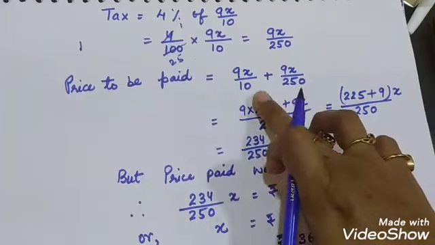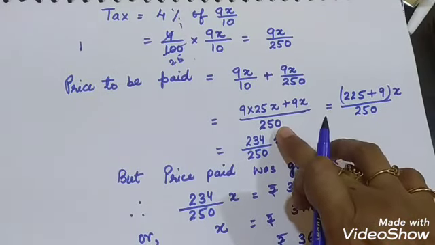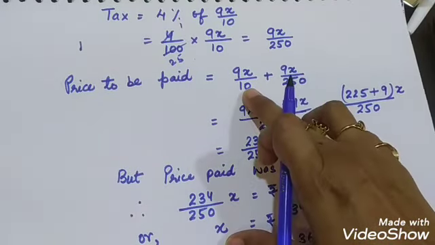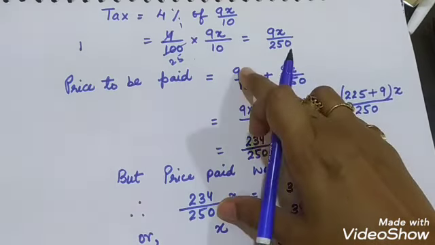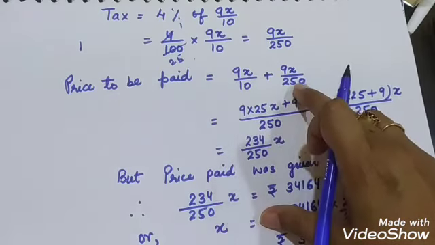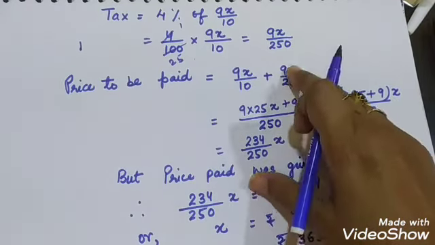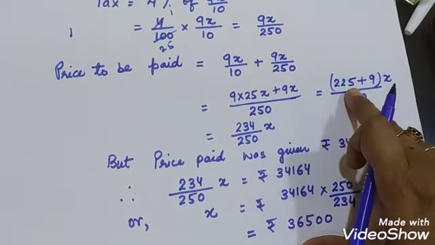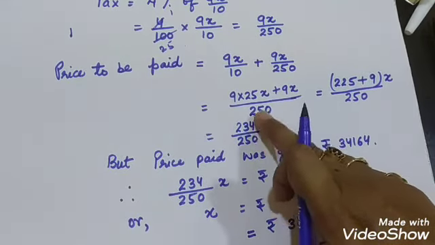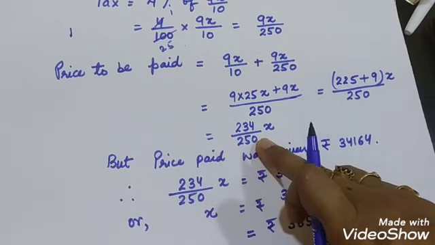When you add these two, you will take the LCM of 10 and 250, which will be 250. Here 10 is there, so 10 25s are 250, so you will multiply its numerator by 25, and 250 ones are 250, so you will multiply its numerator by 1, which on multiplication further will give 225x plus 9x, and when you add, you will get 234x upon 250.